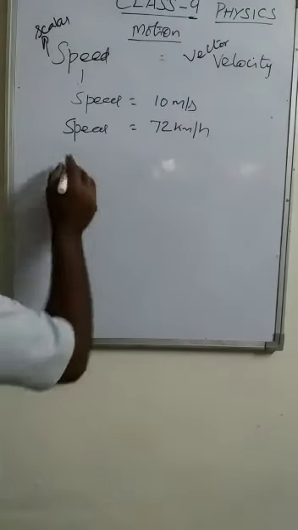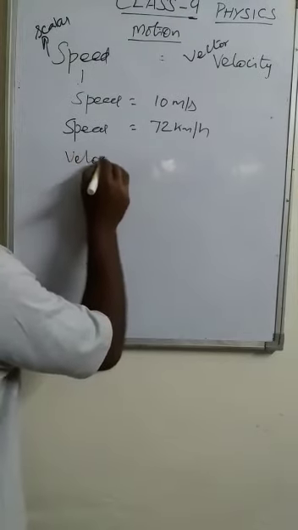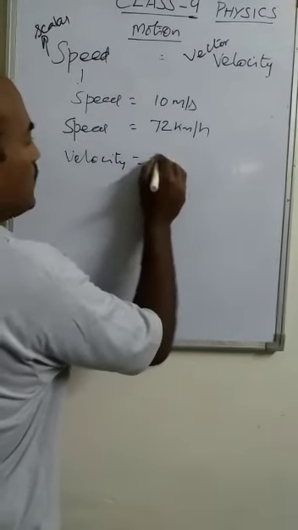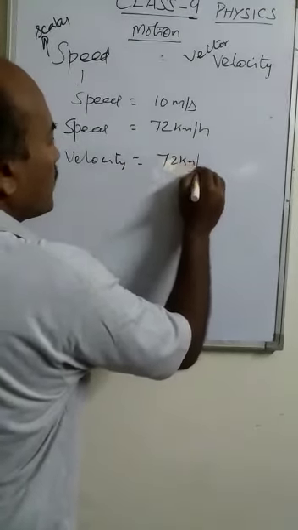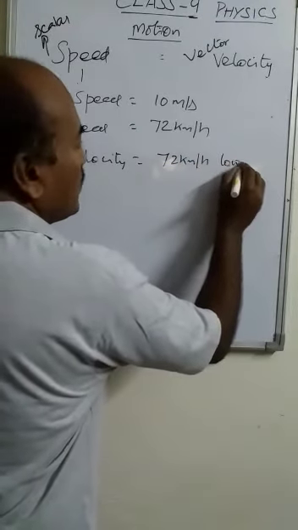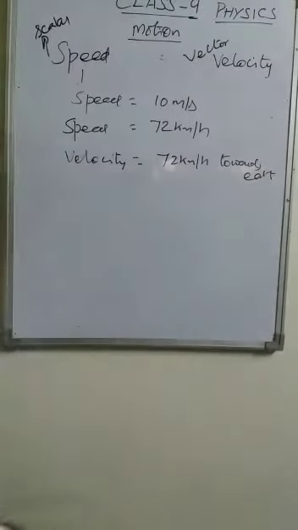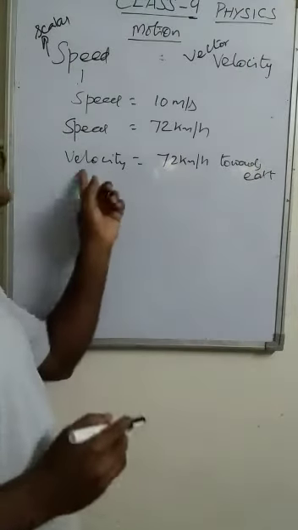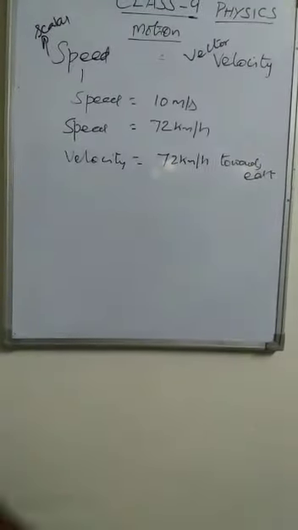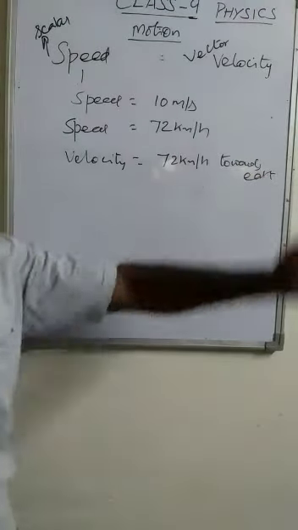Suppose the velocity of an object is 72 kilometer per hour towards east. It means the object is moving with 72 km per hour towards the east direction.